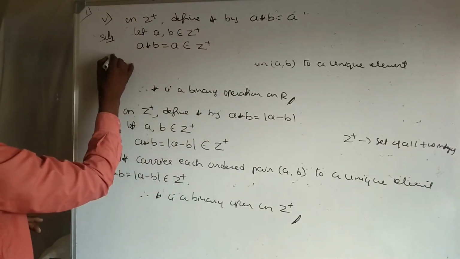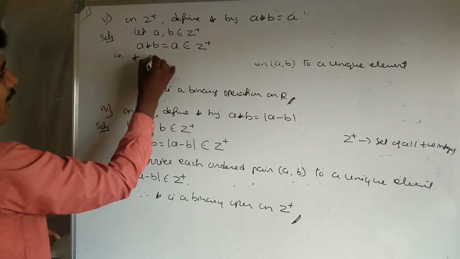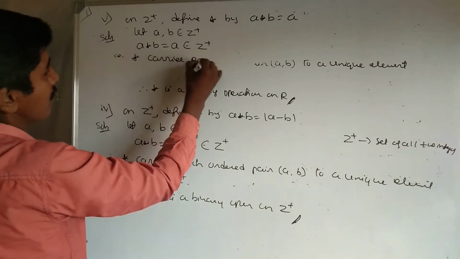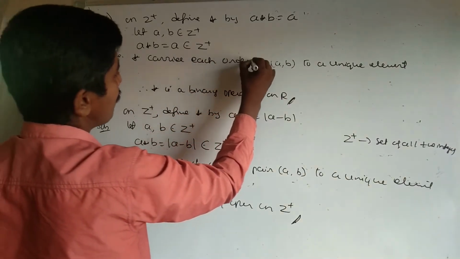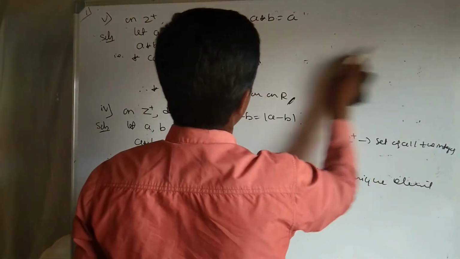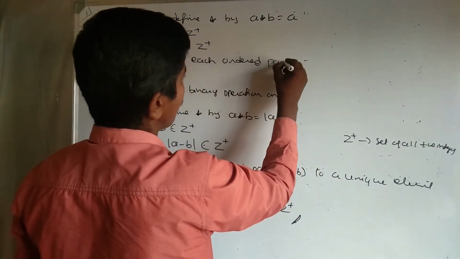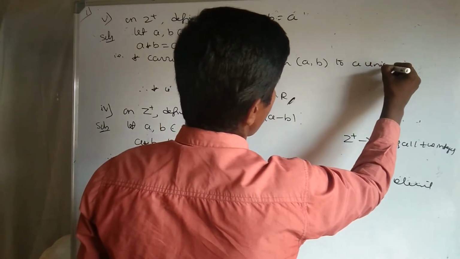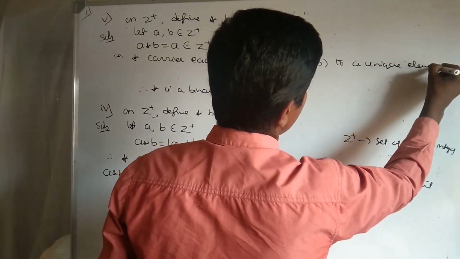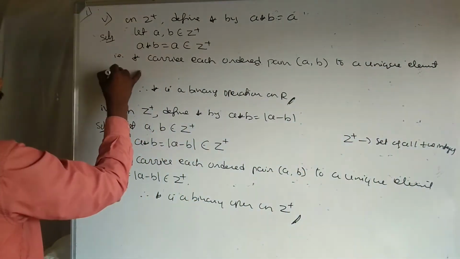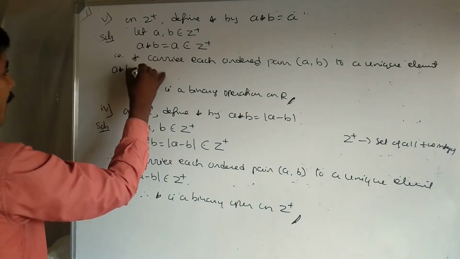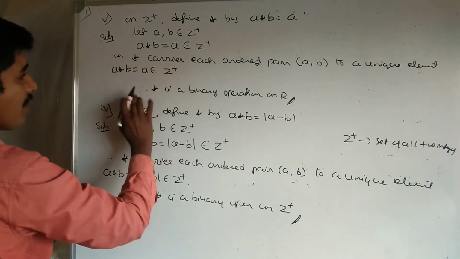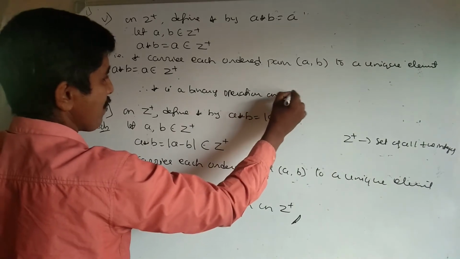Therefore star carries each ordered pair a, b to a unique element a star b equal to a belongs to Z plus. Therefore star is a binary operation.